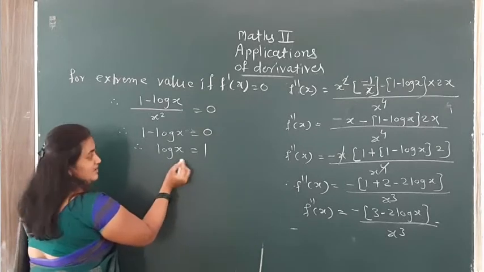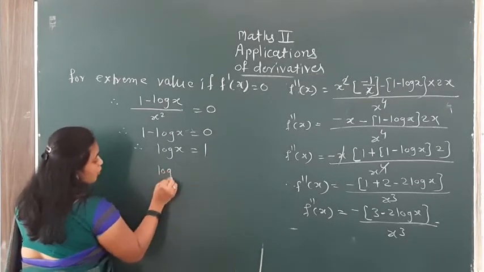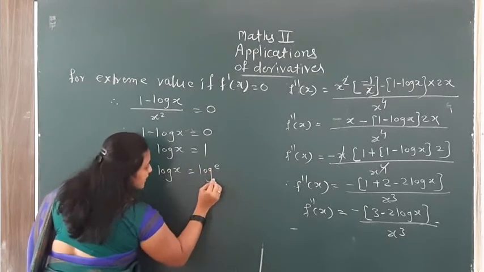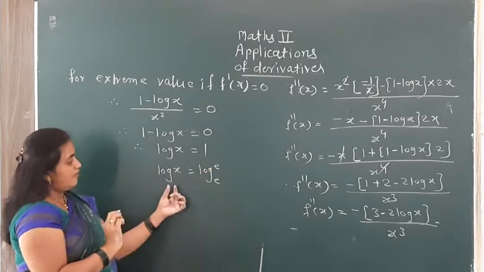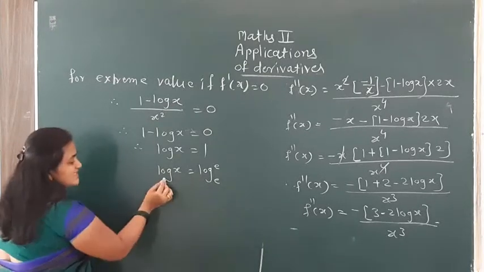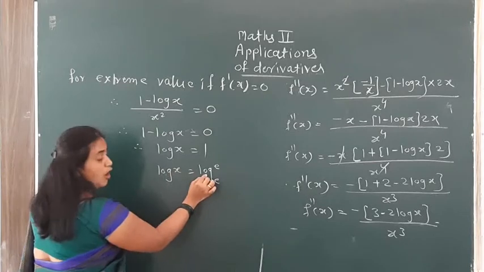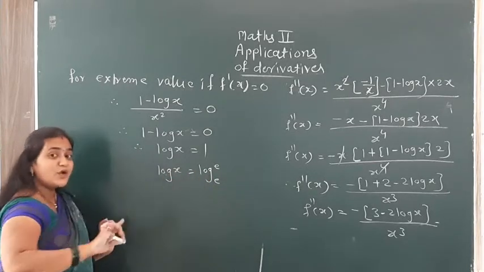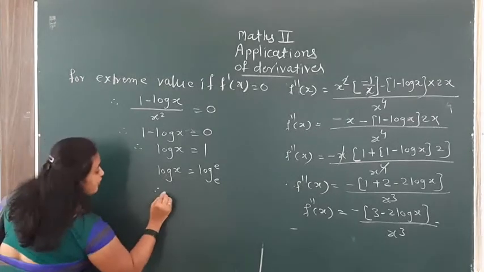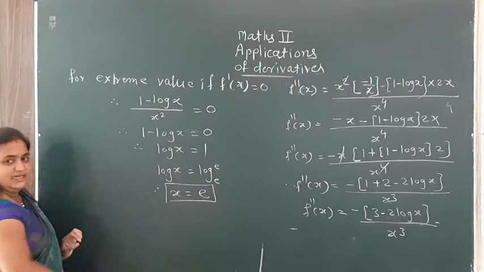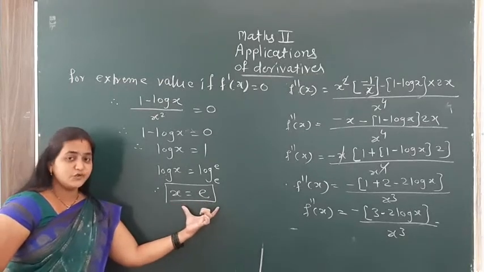The base is e, so this 1 also converts into log of e to the base e, because the value of this term is 1. Now log a is equal to log b. If the bases are the same and the two logs are the same, the corresponding values are also the same. Therefore x is equal to e. So we get one root, x is equal to e.